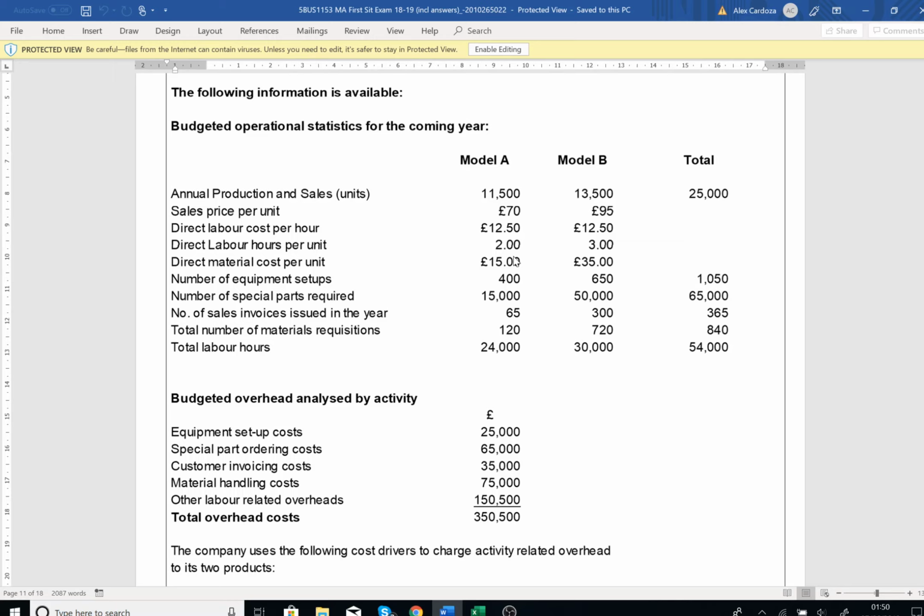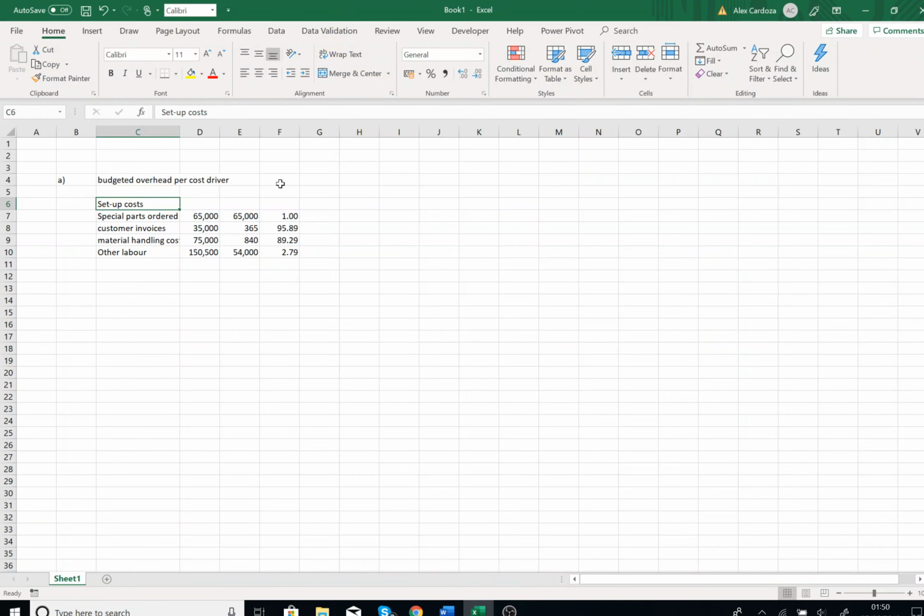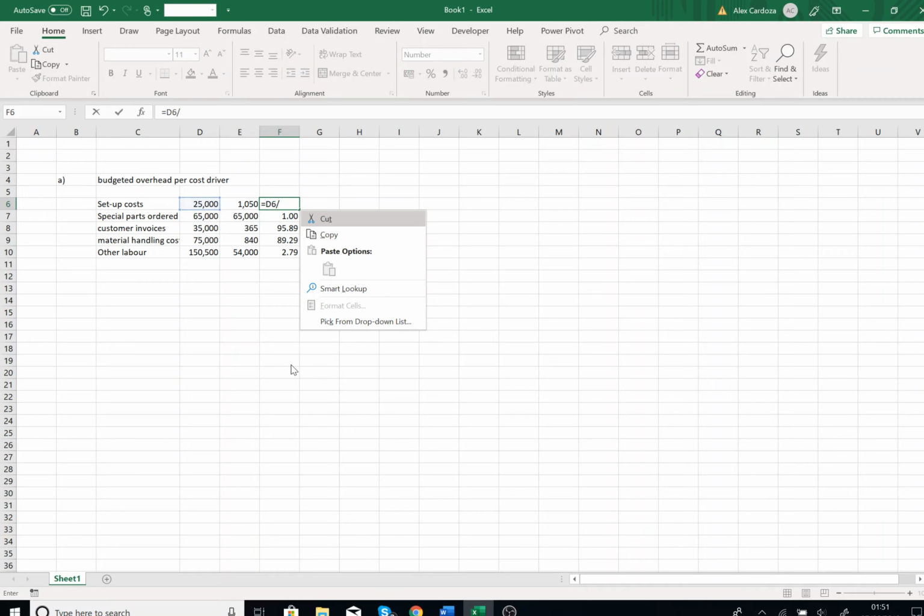Model A has 400, Model B 650, so 1,050 is the equipment setup driver. So when you're doing this assignment, you would write 25,000, then 1,050, then equals, and you divide one by the other. Then you would show your workings. So you should put it like this.